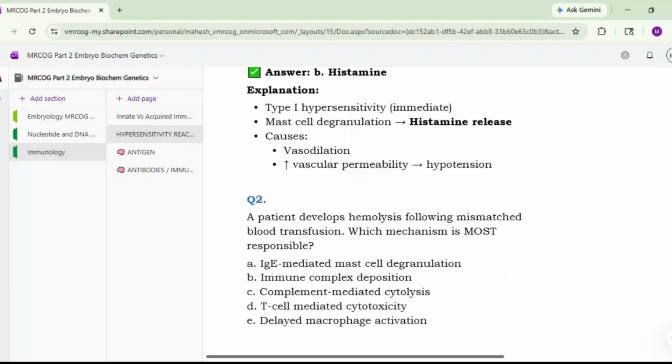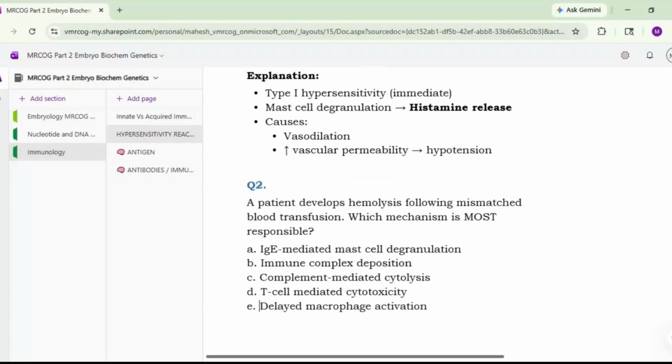Next. A patient develops hemolysis following mismatched blood transfusion. Which mechanism is mostly responsible? IgE mediated mast cell degranulation, immune complex deposition, complement mediated cytolysis, T cell mediated cytotoxicity, delayed macrophage activation.